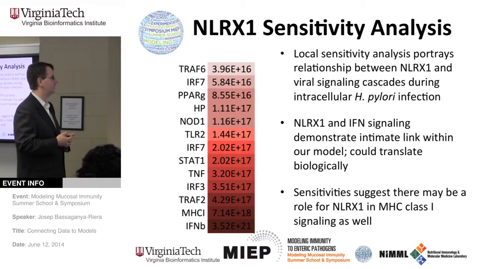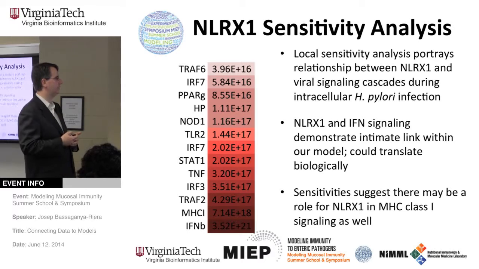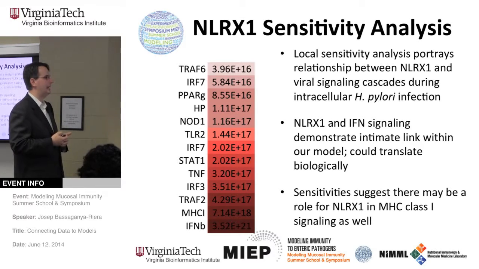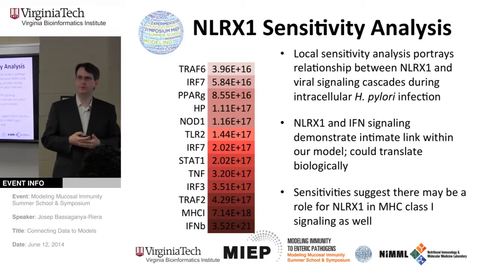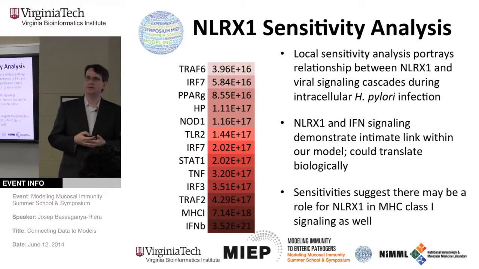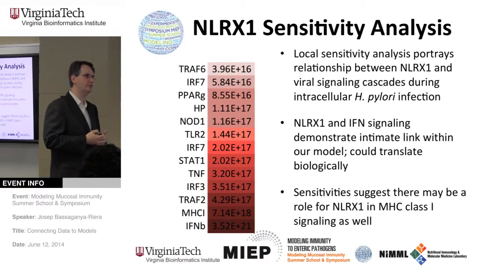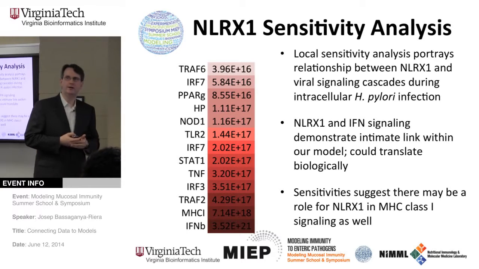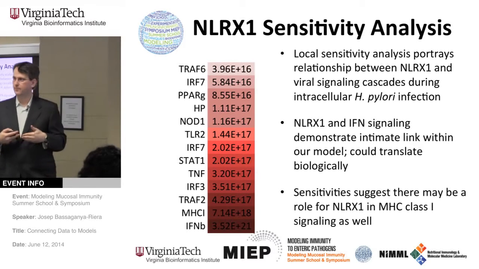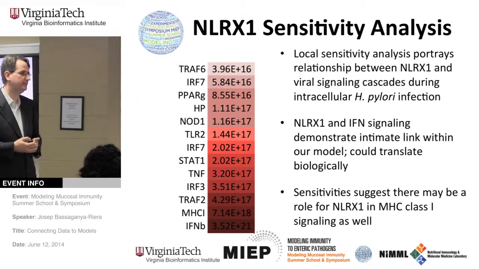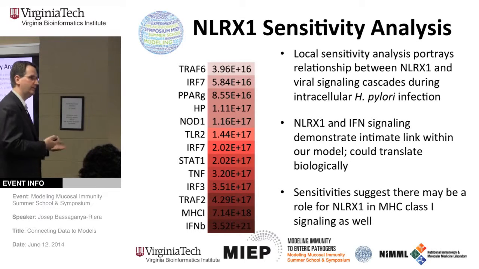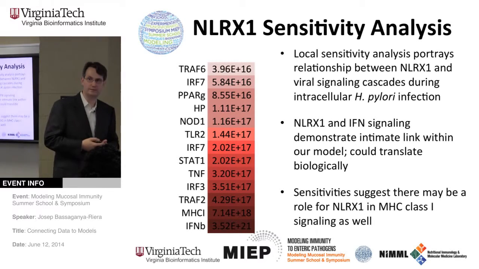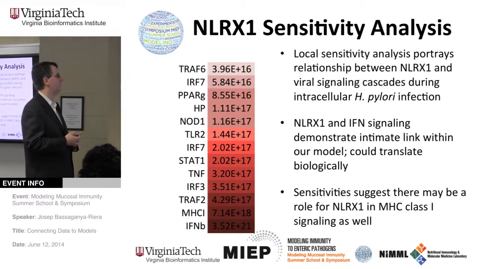We looked at the local sensitivity for NLRX1, and what we are seeing is that there's a relationship between NLRX1 and the kinds of molecules that would be involved in viral signaling cascades. Of course, H. pylori is not a virus, but nonetheless, the pathways that are being upregulated are viral signaling. So we would expect those pathways in the context of influenza infection, for instance.